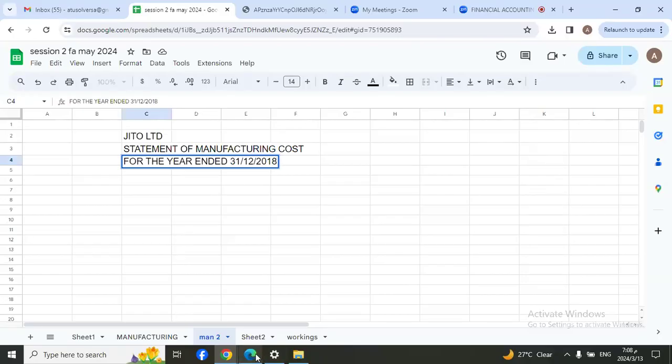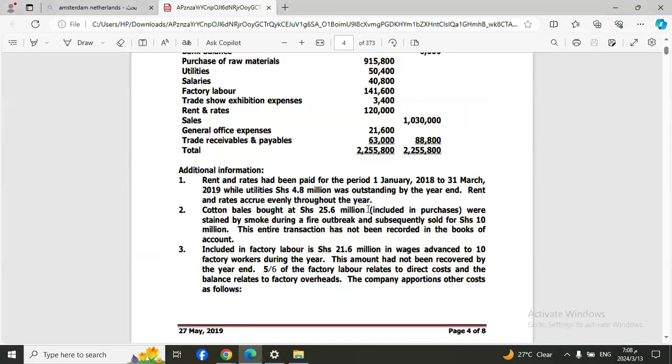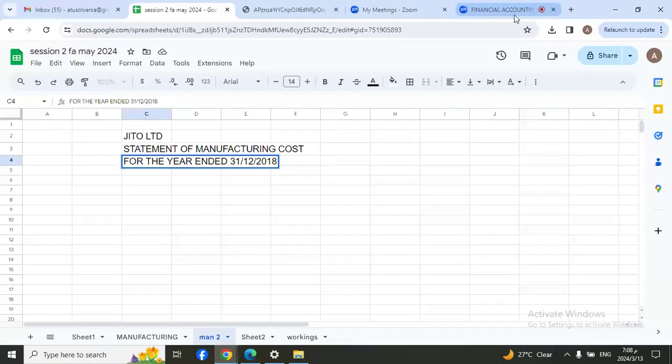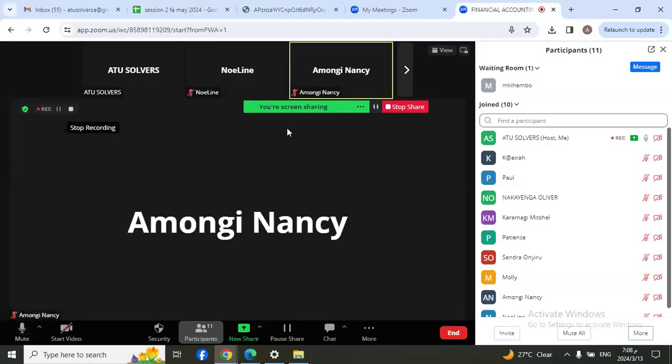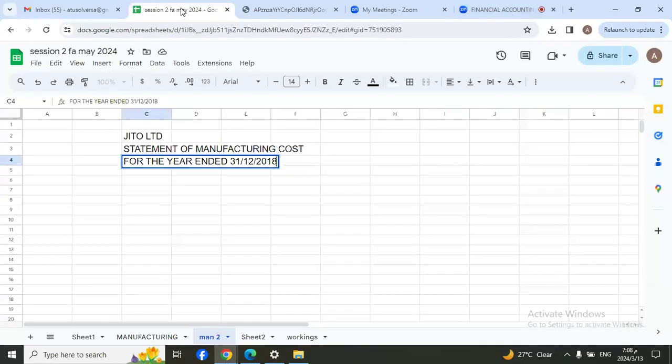Look, is our question in thousand shillings? Yes, it is in thousands of shillings.